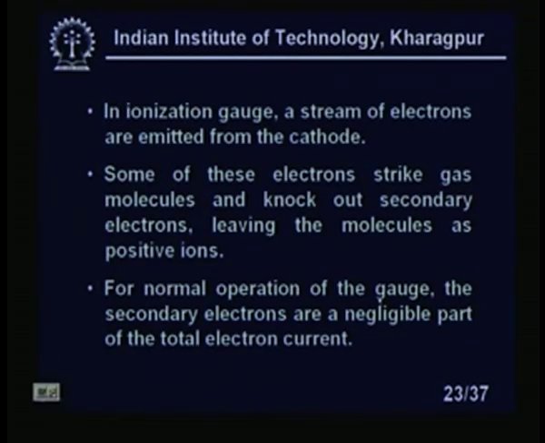That is due to the electrons around the space charge region of the cathode, continuously moving around. So, whether the gas is ionized or not does not matter, there is always some electron that will be collected by the plate, right. That is why I am saying that for normal operation of the gauge, the secondary electrons, which are generated by the formation of ions, are a negligible part of the total current.